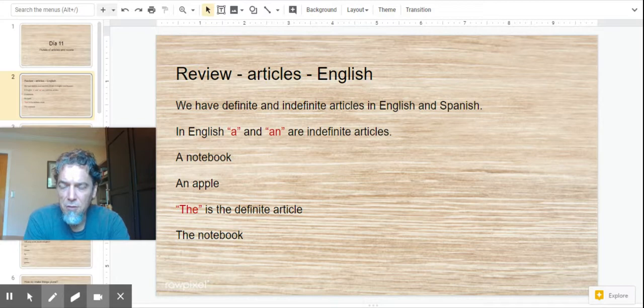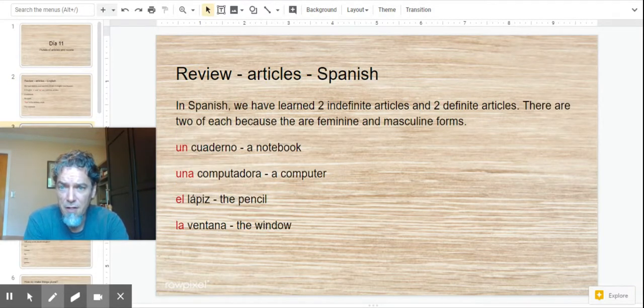All right. Doesn't matter, definite, indefinite, those names. But we're going to look at how we go to Spanish with these. Now this you already know. The word for a, not the letter, but the word a in Spanish has two translations, un and una. Un cuaderno or una computadora. We have two because it depends on whether the word that it's talking about is masculine or feminine.